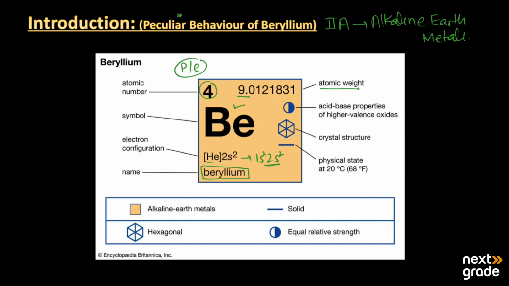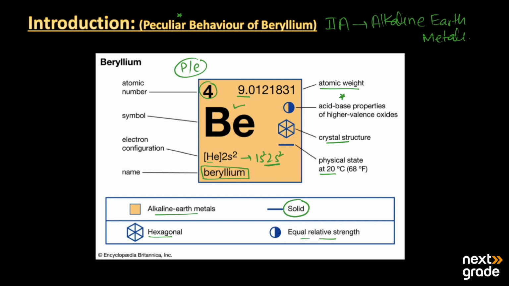Its physical state is solid at 20 degrees Celsius. It is an alkaline earth metal. Its structure is hexagonal, and its acidic basic properties show that it has an equal relative strength of both acid and base. So this was a simple overview of beryllium.